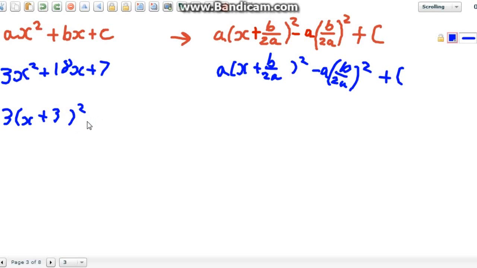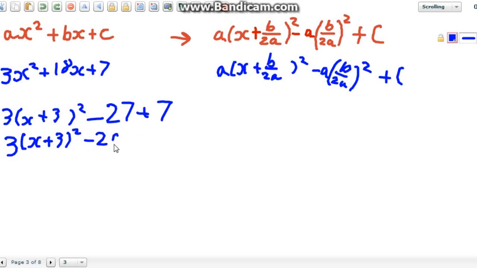The next step is to take away this number, squared is 9, times, well in our case 3, 9 times 3 is 27. So we take that away, then add on our c, which is 7 in this case. So our final answer would be 3 times x plus 3 squared minus 20.